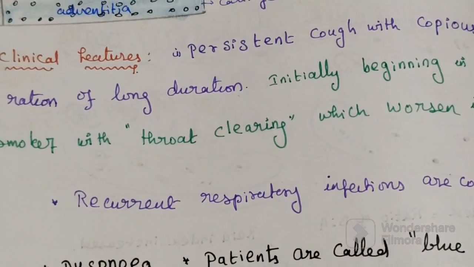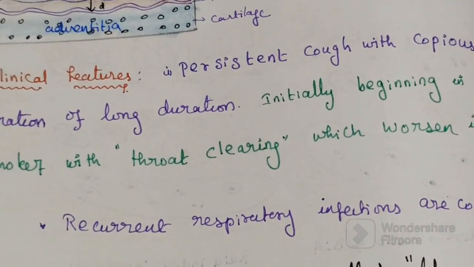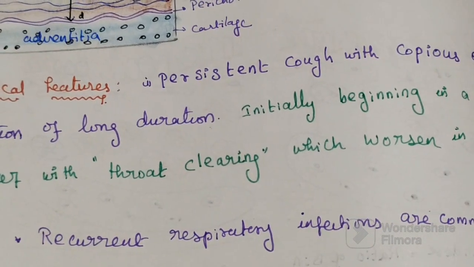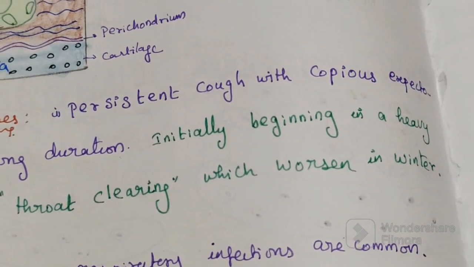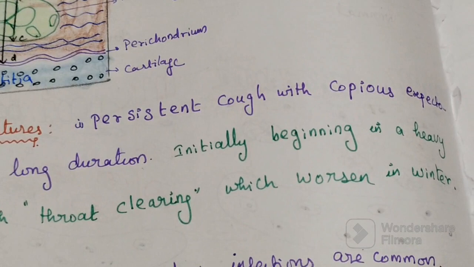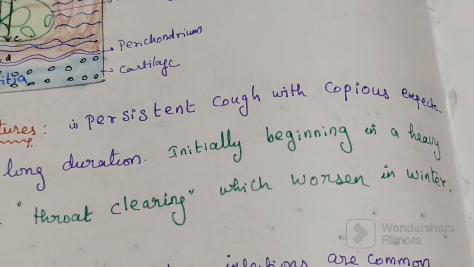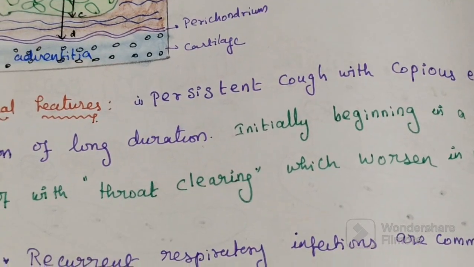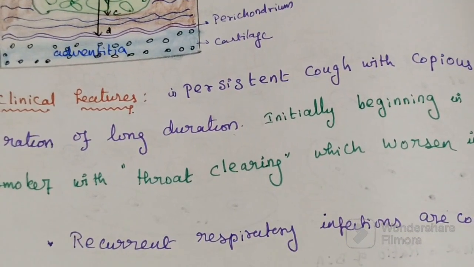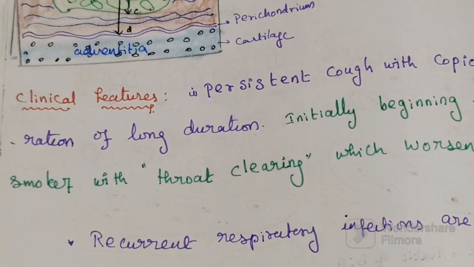So what are the clinical features? The most important clinical feature is persistent cough. The patient always coughs, with heavy expectoration. It is not a dry cough.